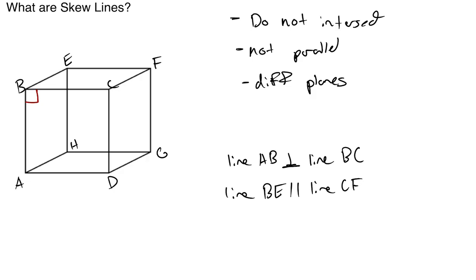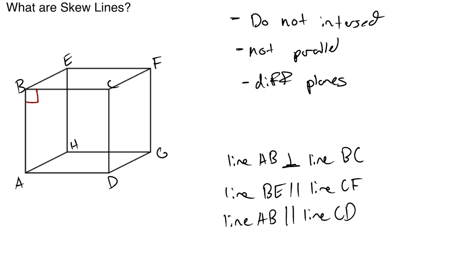And now let's look at AB and CD. Line AB is right over here, and line CD is right over here. These lines are also on the same plane and they never intersect. So these are also parallel. So line AB is parallel to line CD.